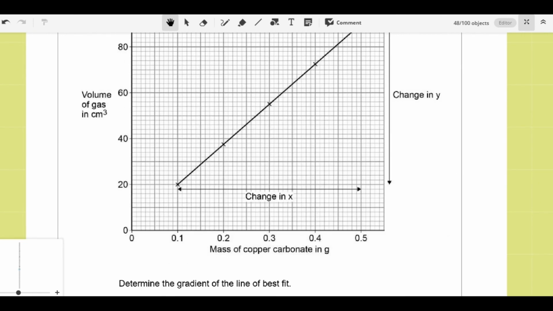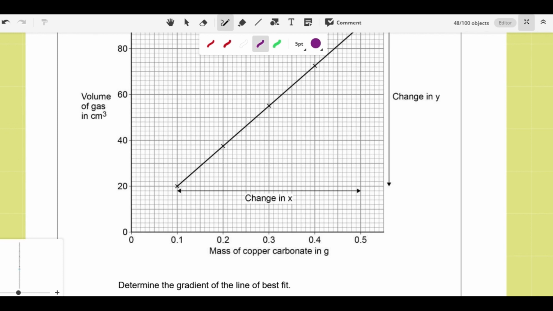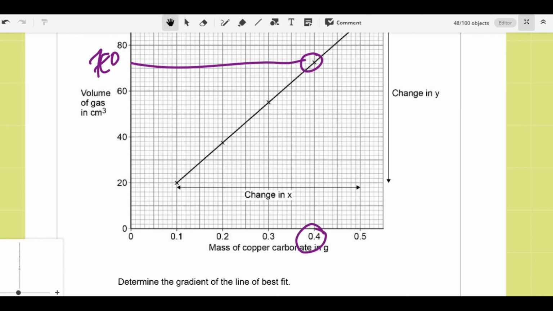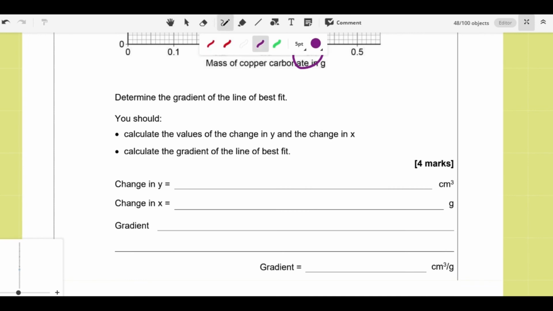Let's suppose we are going to take this one, and here change in x is 0.4 and change in y is 70. Okay, so the gradient would be 70 over 0.4, the gradient would be 175 centimeter cube per gram.